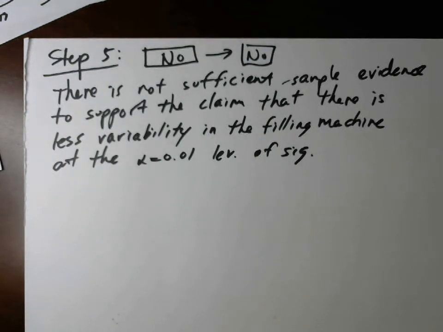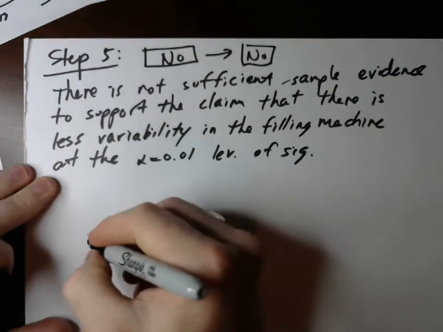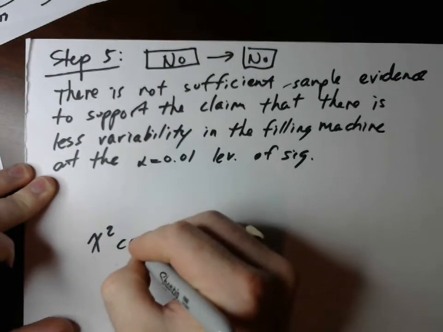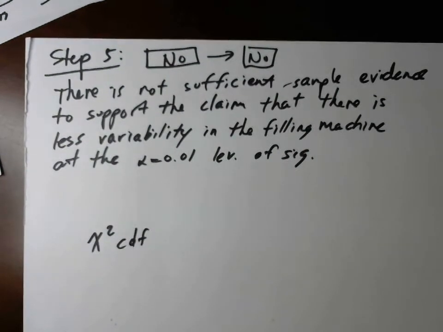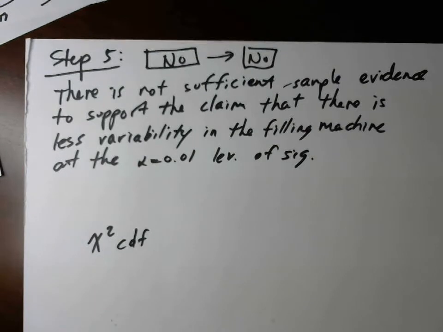Actually, you can. There's something called the chi-squared CDF, and it's in the same location as the normal CDF under the distributions, which is right above the vars button.